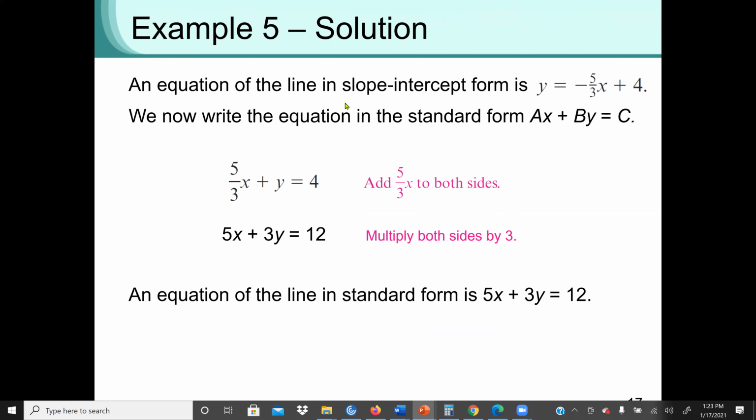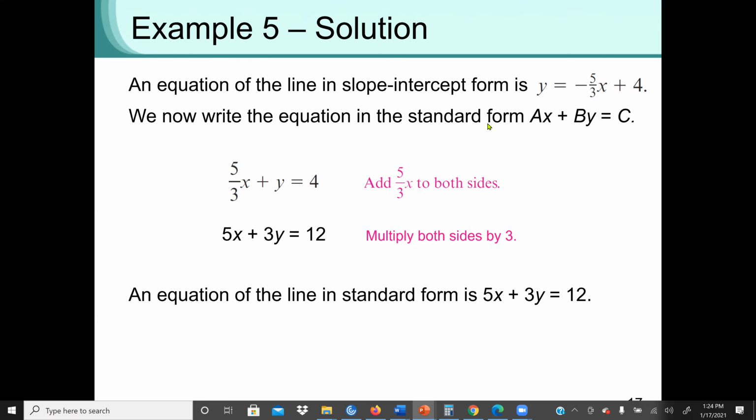So the equation of the line in slope-intercept form is y equals, again, negative 5/3 x plus 4. We can now write the equation in standard form also. In standard form, we need the x and y together on the left and the constant value on the right.